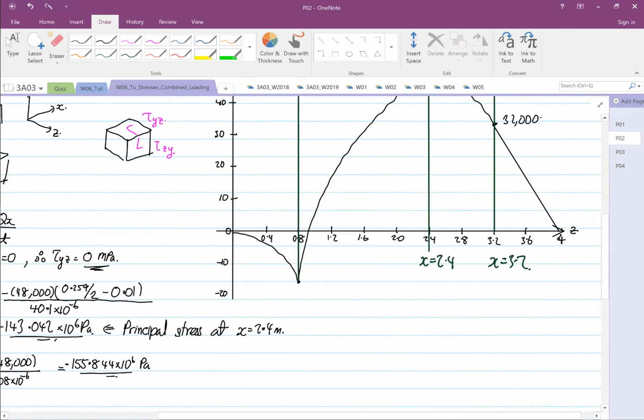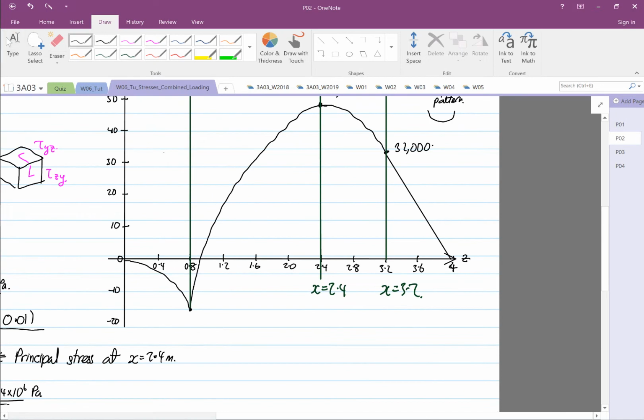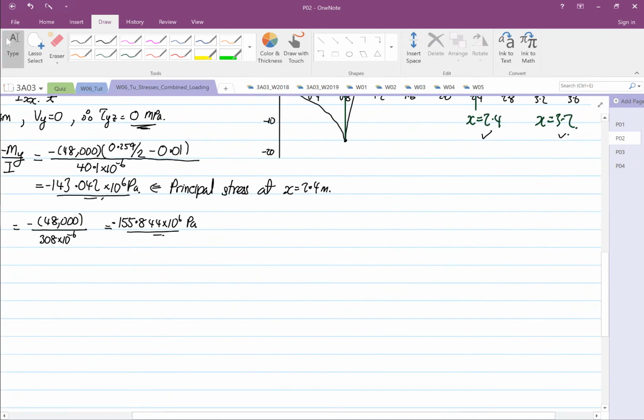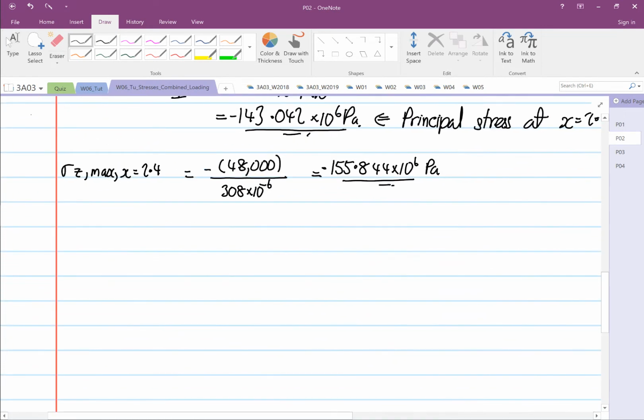The next point that we want to check, now that we cleared 2.4, is x equal to 3.2 meters.